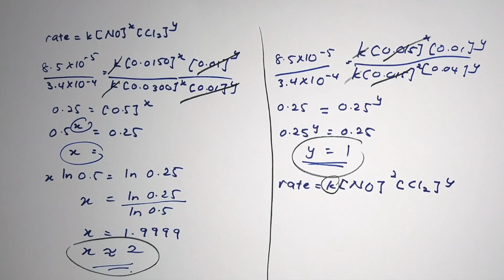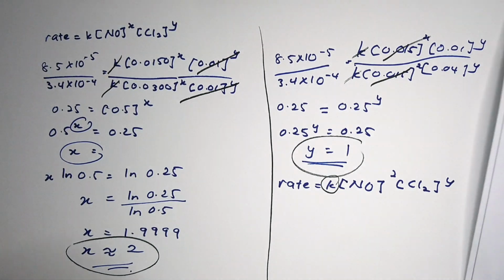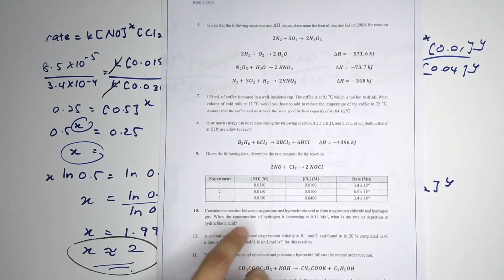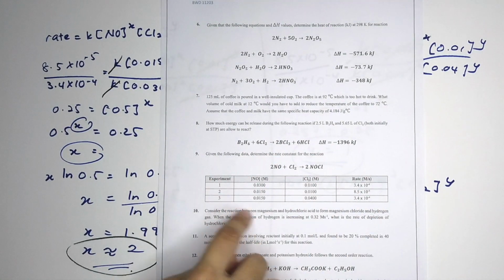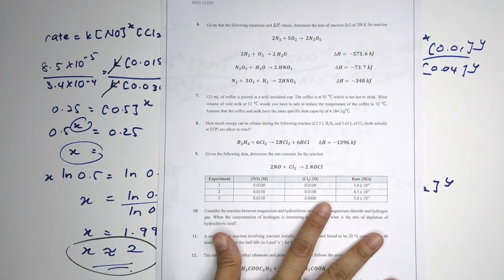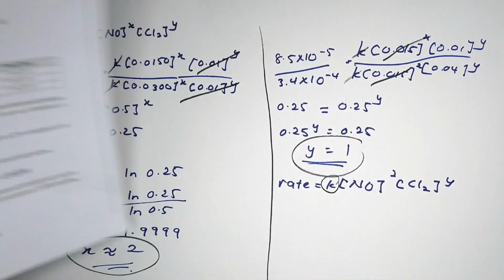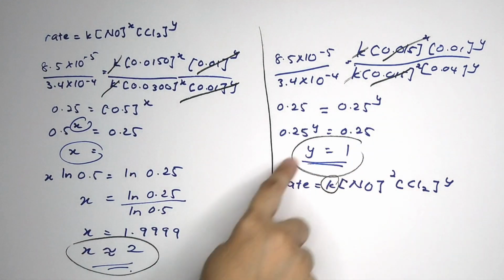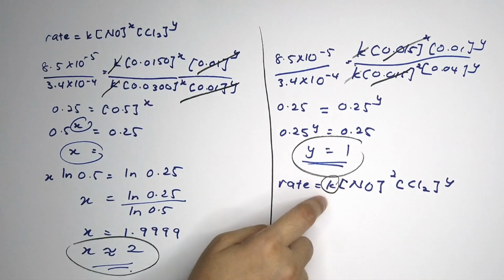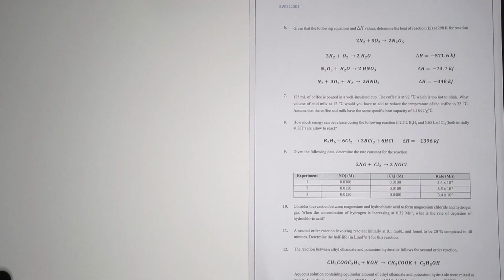To find the value of k, you need to use any of the values from the table. You have 3 experiments, and you can choose any one of them, plug into this formula, and you shall get the value of k.